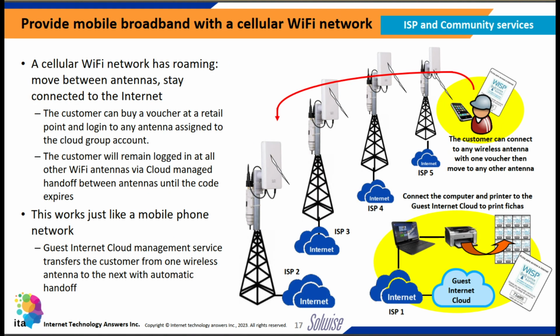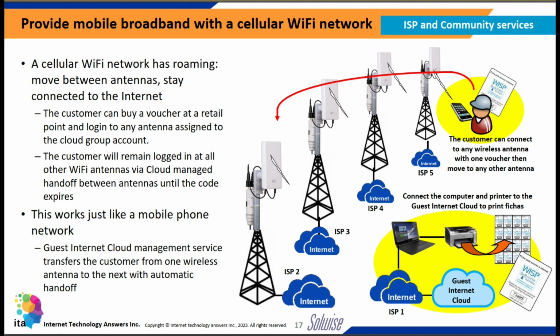There are new standards. There's 802.11u, which is a cellular Wi-Fi network standard, and the tendency is for a lot of companies that manufacture wireless products to adopt this standard. And what this gives us is the ability to set up a network with roaming. So we can set up wireless towers in various locations through a village or a town.